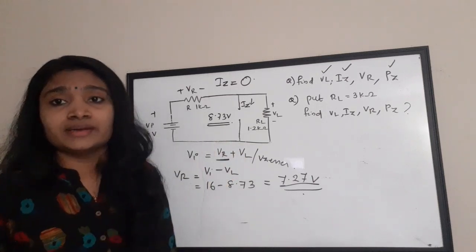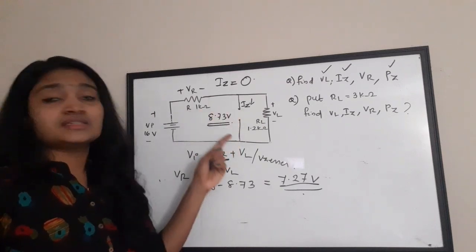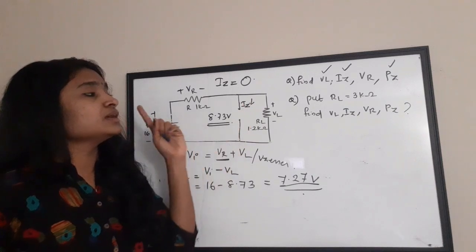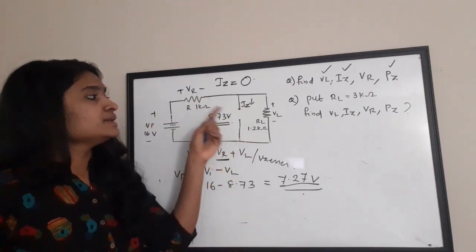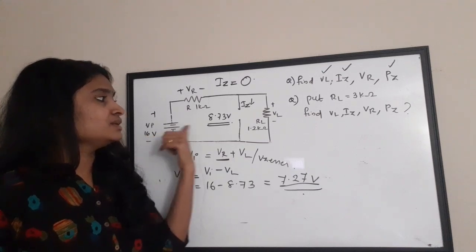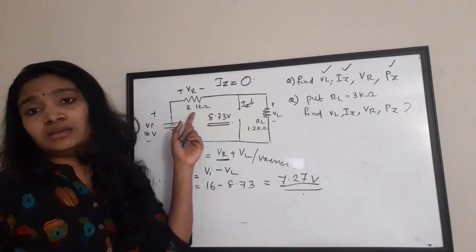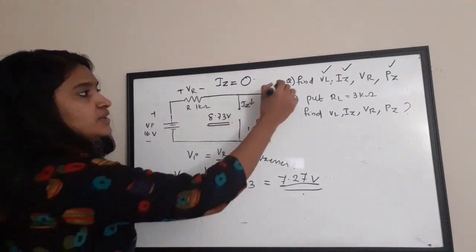So the diode is not conducting. So what will happen? It acts as an open circuit, so no current and no power coming across this. And from this, since the total is 16 and 8.73 is coming across the Zener, the remaining will be coming across the resistor. Okay, so the first part of the question we have completed.